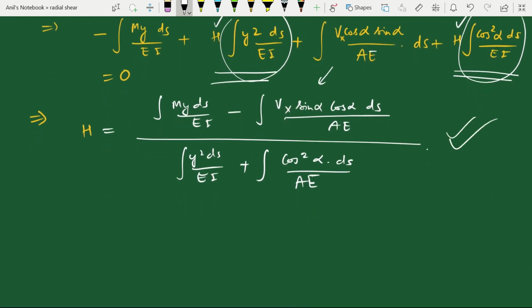So this is the formula for horizontal thrust when rib shortening is happening. Now let us further simplify this.